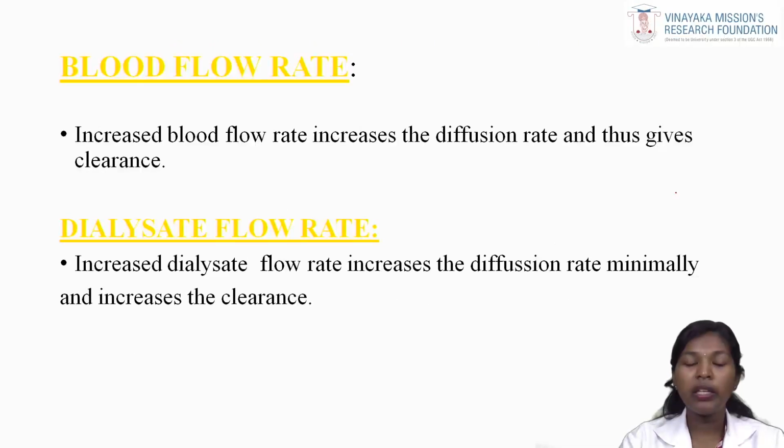Blood flow rate: increased blood flow rate gives high clearance and high diffusion. And dialysate flow rate: when the dialysate flow rate is higher than normal, clearance will be high and diffusion also high.